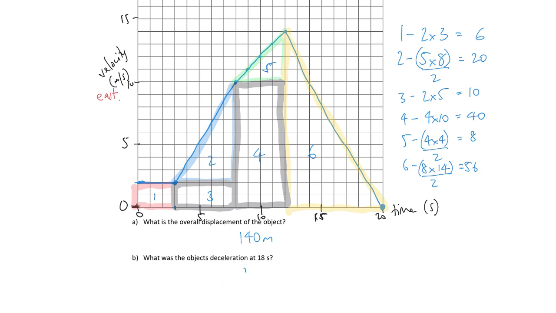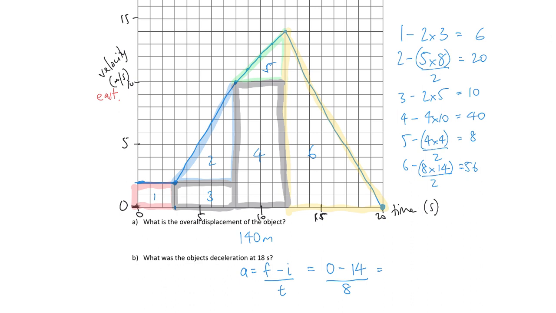Acceleration or deceleration is equal to final take initial over time. So its final velocity is 0, take away its initial velocity, 14, over the time that it takes, which is 8 seconds.